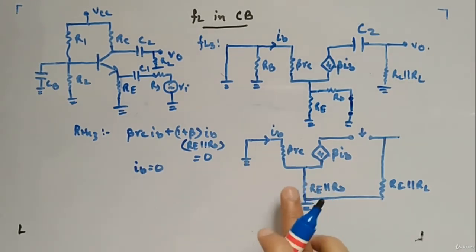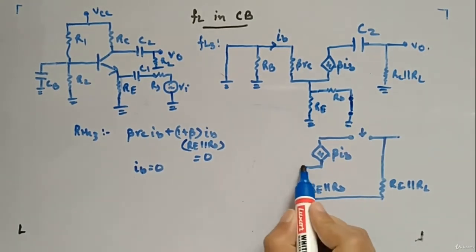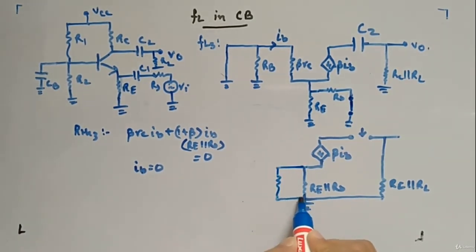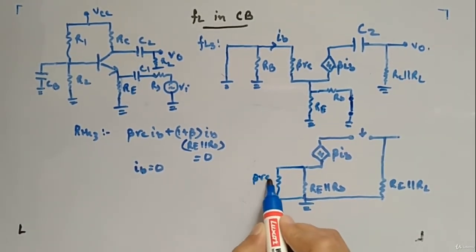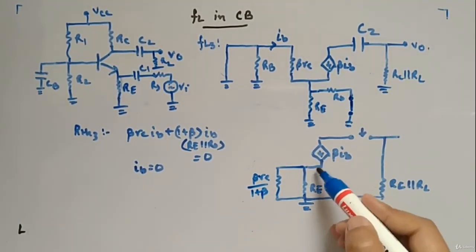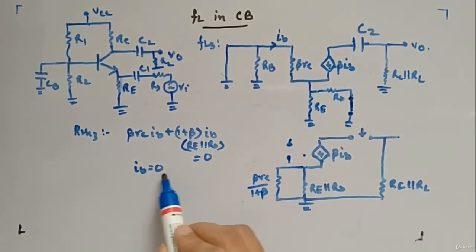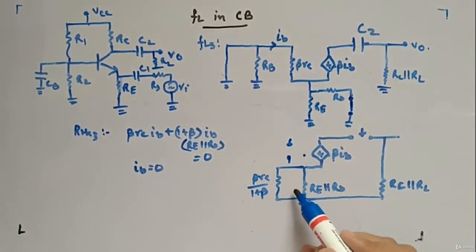This is how I can imagine it. This is a resistance connected in parallel, beta RE divided by 1 plus beta. Now these two are parallel and in series with this, but this guy is open because IB is 0, open in series with some parallel resistance.